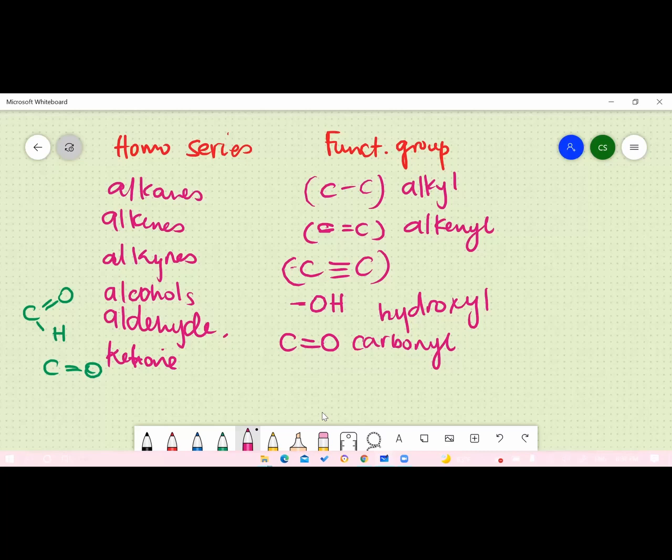I could bring up my unit one textbook to see it, but I'm pretty sure it's fructose. Yes, it is fructose. Fructose is a ketose sugar. And glucose, galactose, xylose, mannose, those are aldoses. All right, I'll check it.